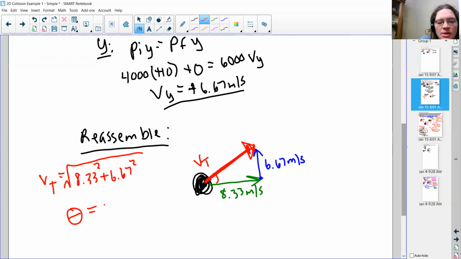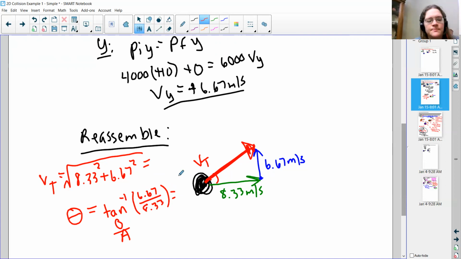For me, this is going to be the tangent function, and it's going to be the arctan, the tan^-1 function, to get the angle. And remember, tangent is always, always, always opposite over adjacent. So I'm going to take the 6.67 over the 8.33 and put both of those in my calculator.